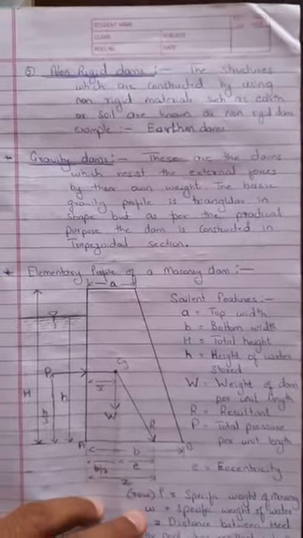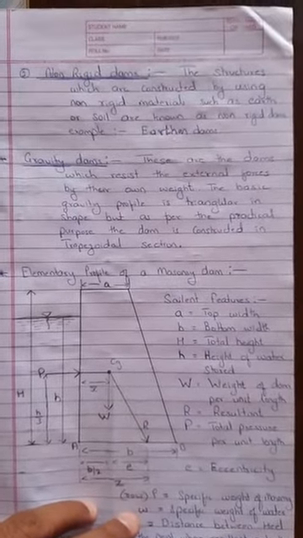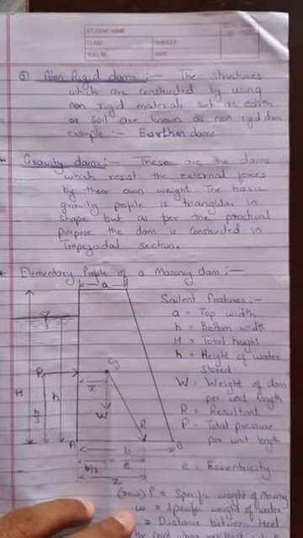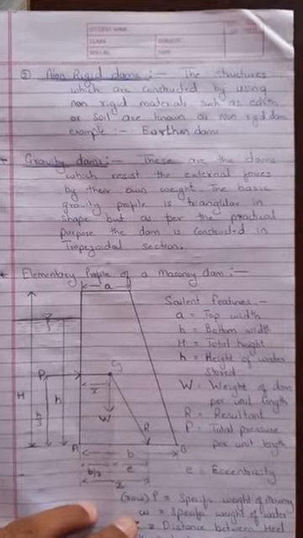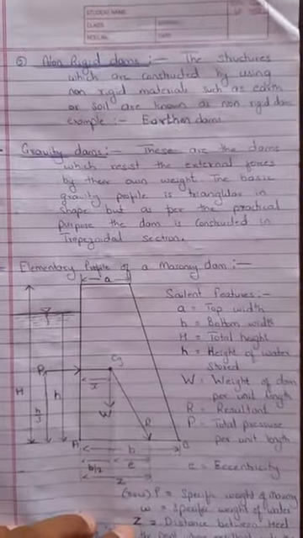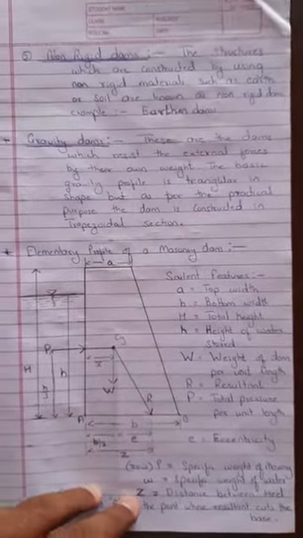Gravity dams are dams which resist the external forces by their own weight. The basic gravity profile is triangular in shape, but for practical purposes, the dam is constructed in a trapezoidal section. Gravity dams are nothing but concrete dams. Why are these called gravity dams?